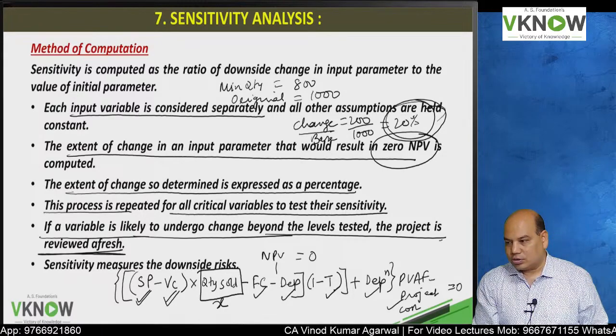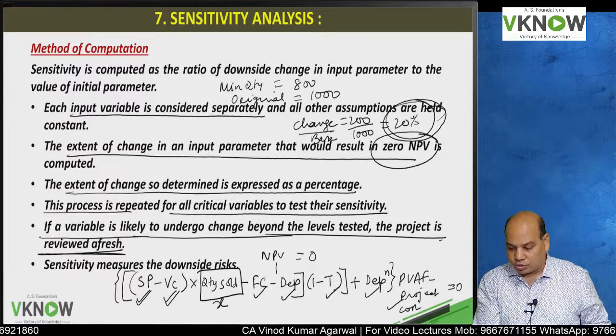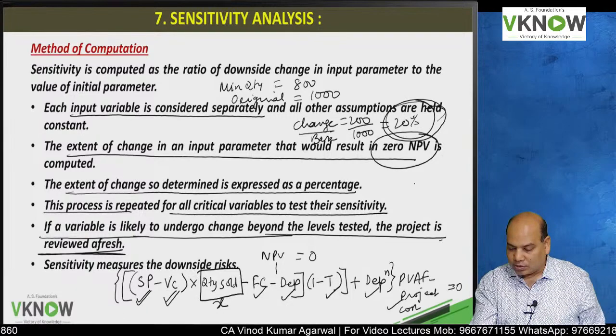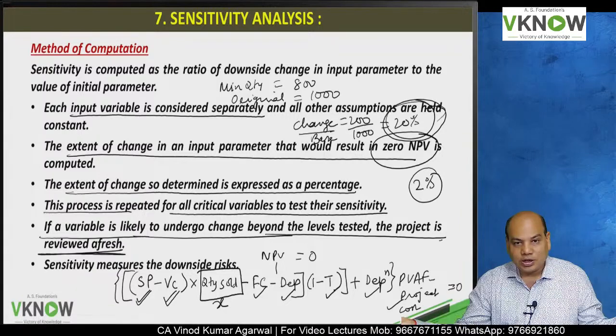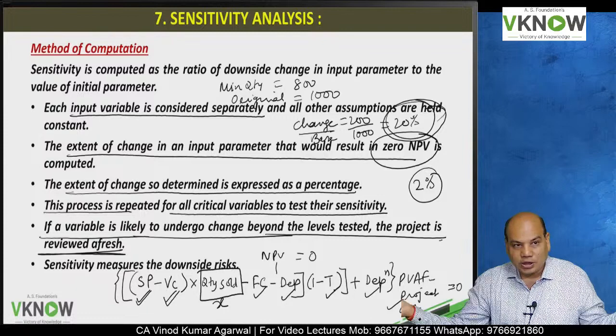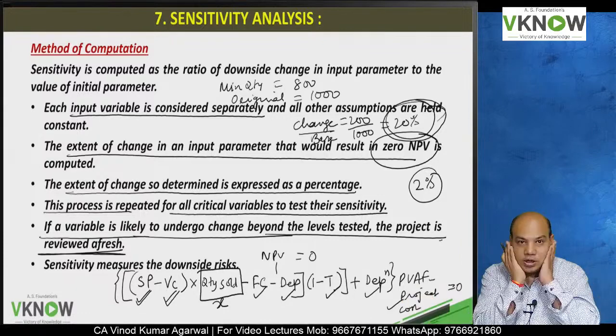The project is reviewed afresh, which means if suppose my answer comes to only 2%, a 2% drop in sales quantity will result in 0 NPV, more than 2% will result in negative NPV. I have to sit down and think again.